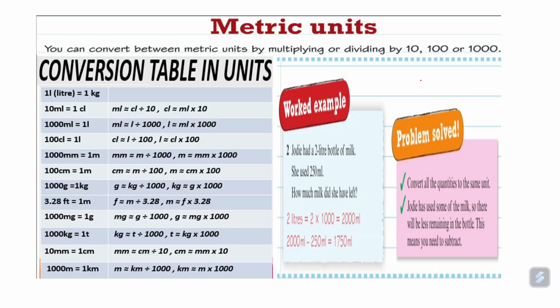This is another session on metric units. Metric units said we can convert metric units by multiplying or dividing by 10, 100, or 1000. This is just like the summary in converting from one unit to another. So I've taken my time to bring out all these.